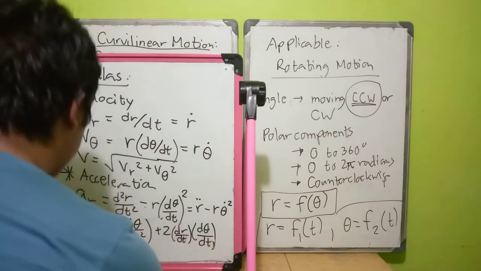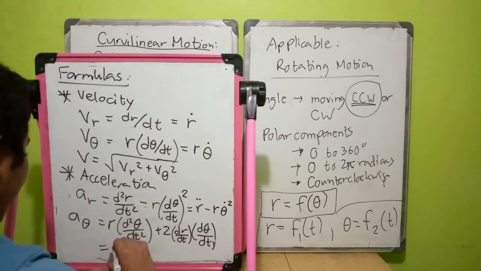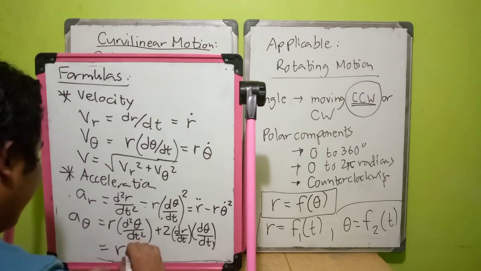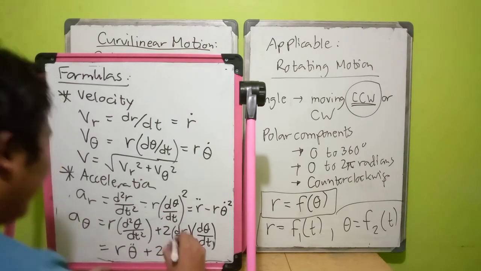This is also equivalent to r with theta with a double dot at the top plus 2 r with a single dot at the top and theta with a single dot at the top.